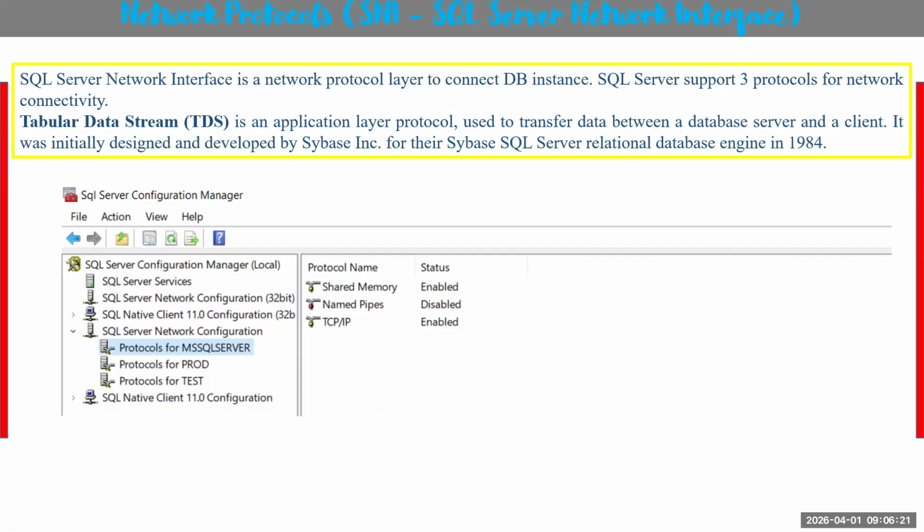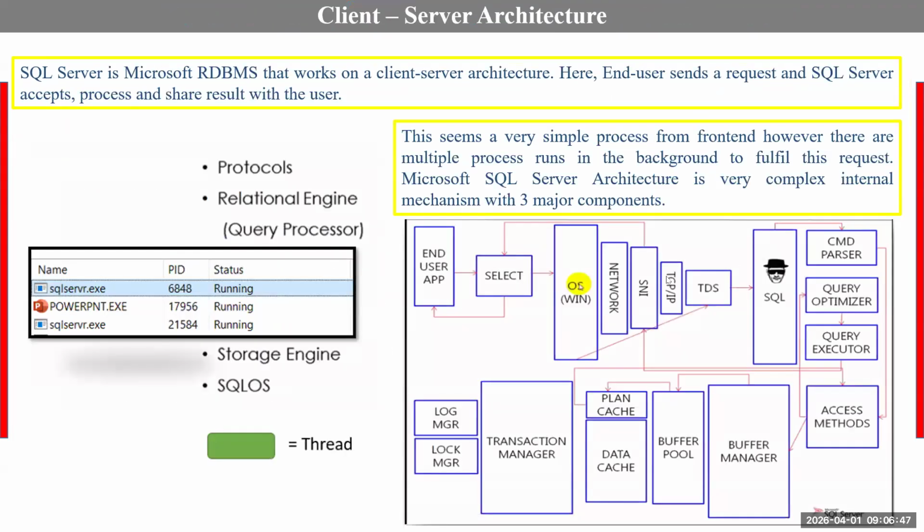Before it connects to the SQL, it goes to the protocol. Once it connects to the operating system, it goes to the SQL Network Interface protocol to establish the connectivity.